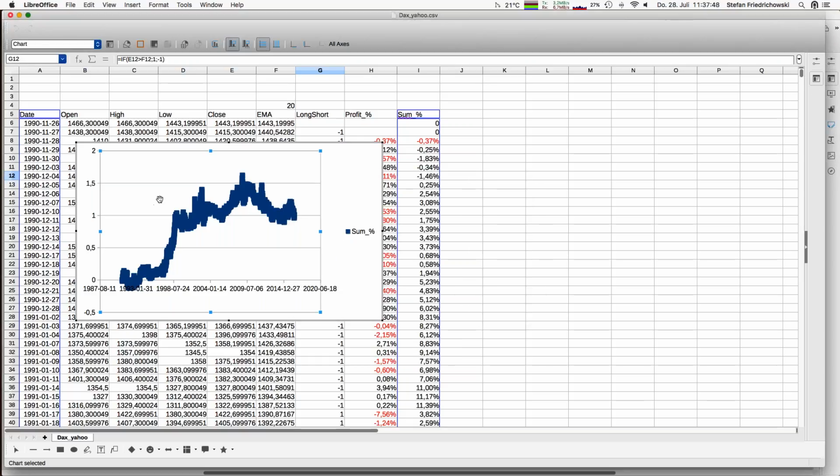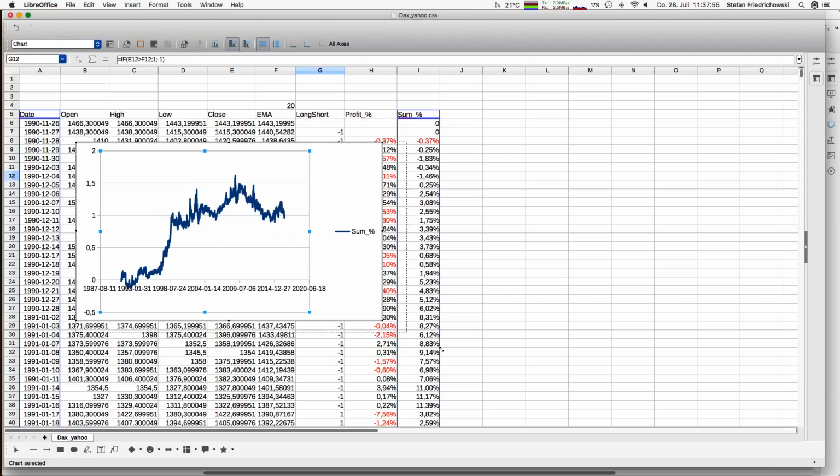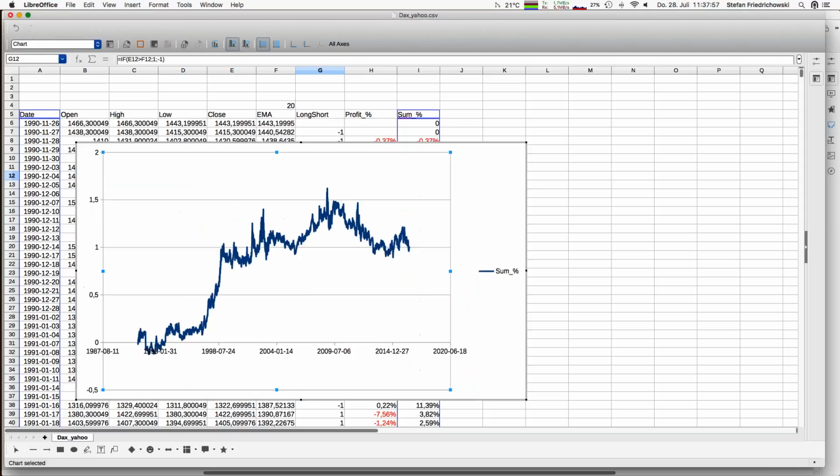So this is the profitability of our strategy, this very simple long-short strategy being always invested in the market, and now we have the complete history, more than 20 years calculated for that kind of strategy.